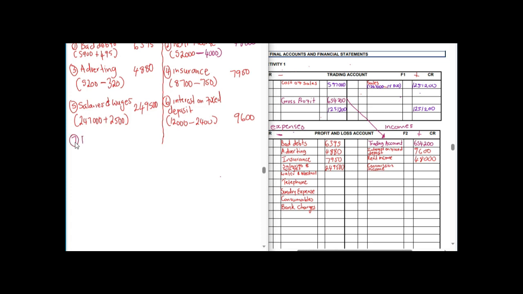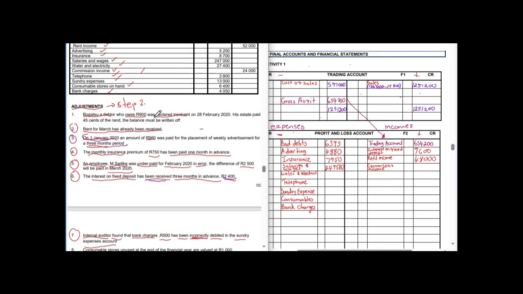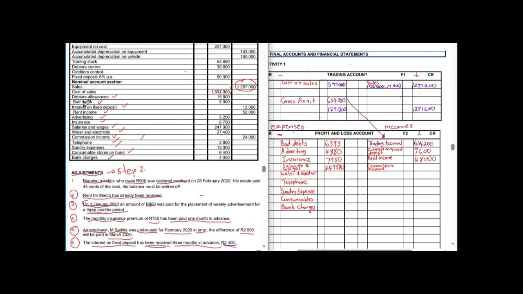We have bank charges, as well as the opening balance of bank charges that will be illustrated, and then we also have sundry expenses. Let's go back to our step 1 pre-adjustment trial balance and find out how much our opening balance for bank charges is.